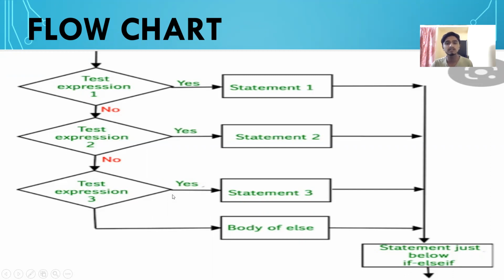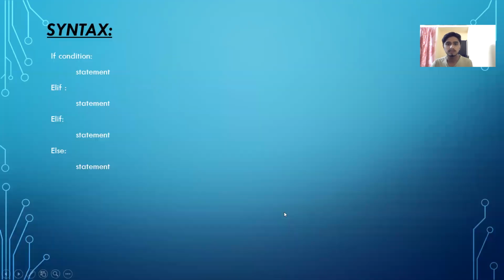If the third condition is true, it will print the statement of the third one, or else it will leave the loop. So this is the syntax for the elif condition. We give the if condition. If the condition fails, then it will go to the elif condition. If that also fails, it will go to the else condition, and it will exit the loop.